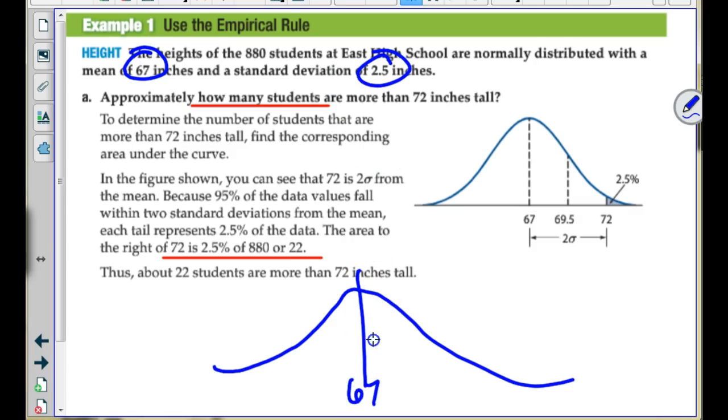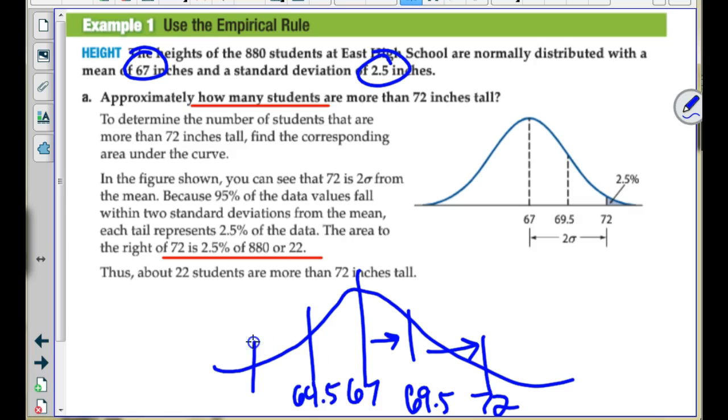You're going to go out 2.5 this way. What would that be, guys? 69.5. And another 2.5? 72. And if you were to go this way, so take off 2.5, you'd be down to 64.5. Did I do that right? And another 2.5 off that would be 62.